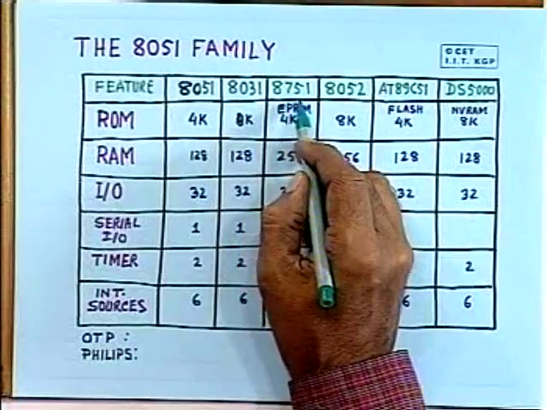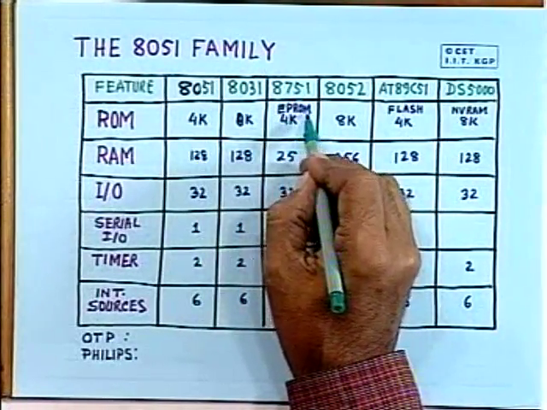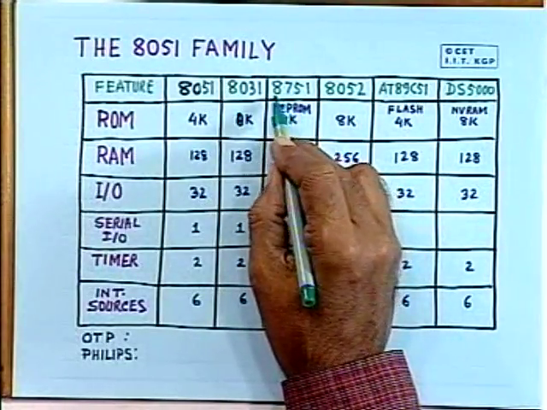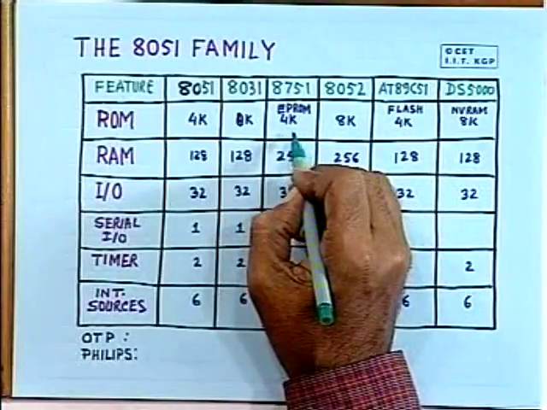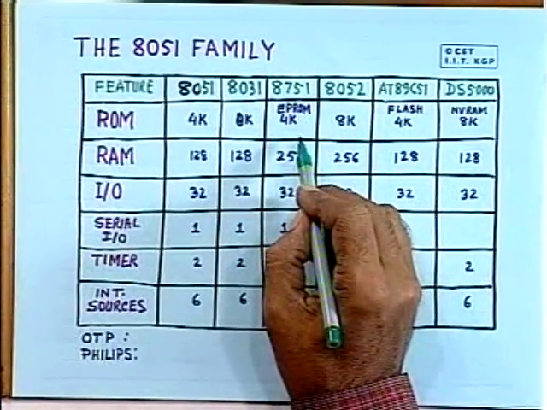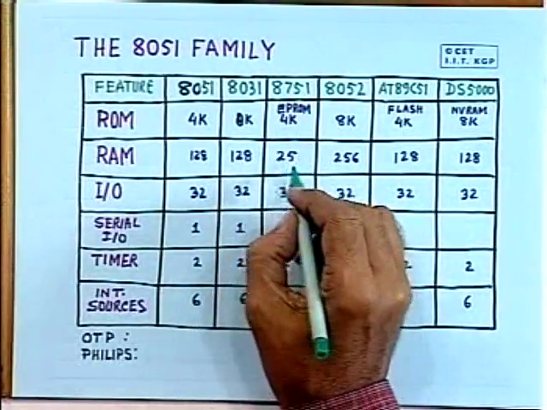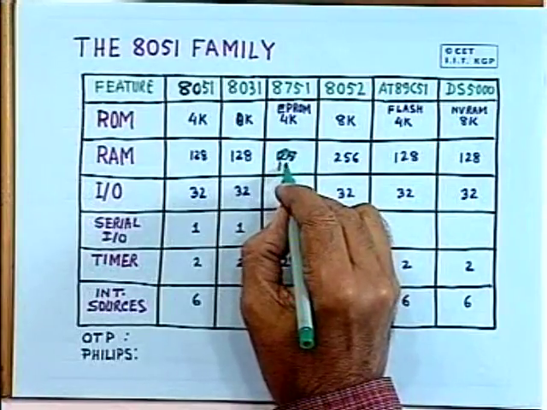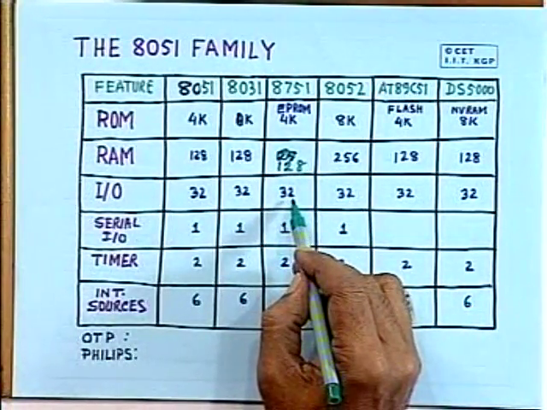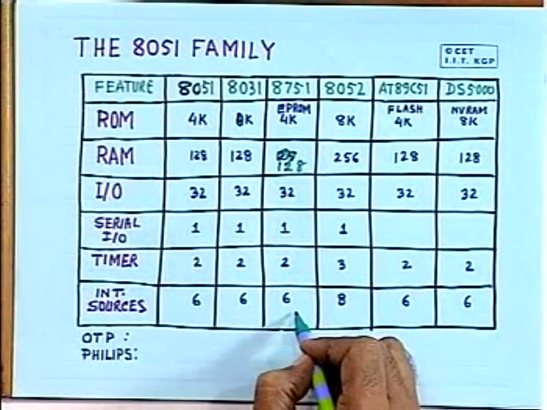Similarly, you have got 8751, where the program memory is EPROM, and this 8751 has an optical window through which this PROM can be erased, and it can be programmed offline with the help of an EPROM programmer. And RAM is also 128 bytes. Then you have got 32 IO lines, 1 serial port, 2 timers, and 6 interrupt sources.